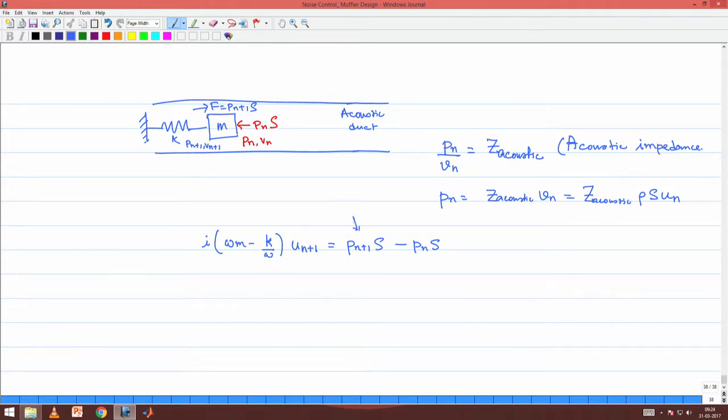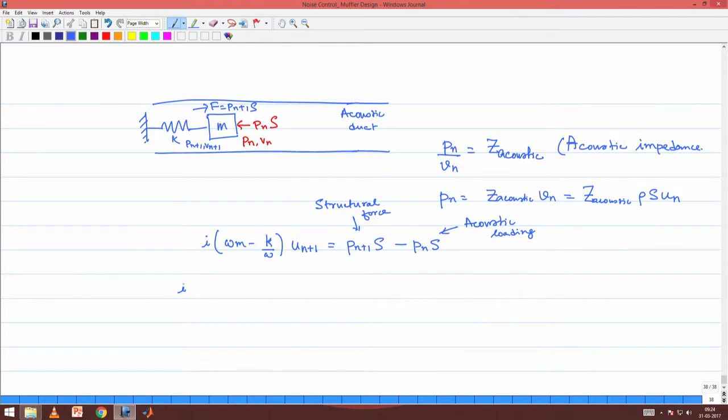So, this is the structural force and this is the acoustic loading that is acting over and above the structural load, right.